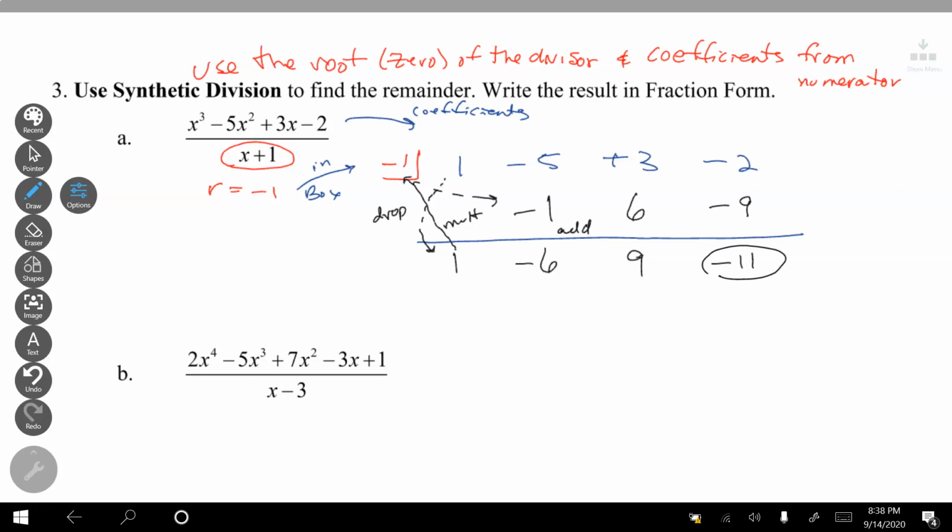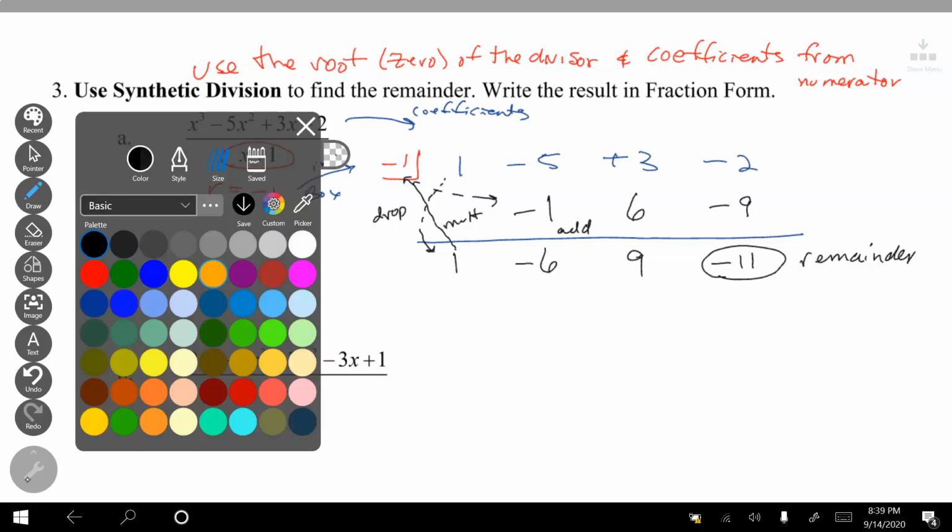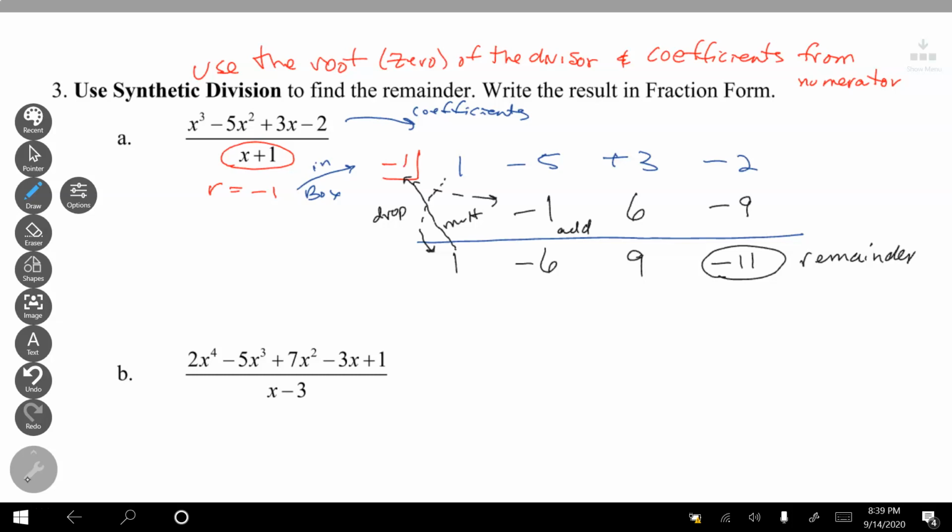And this number at the very end is the remainder. Okay? And though this is the way it works, this 1 here stood for x cubed, x squared, x, and the constant term, and when I divide out by this negative 1, I'm really dividing out by x plus 1. So I'm dividing out by a degree of x.